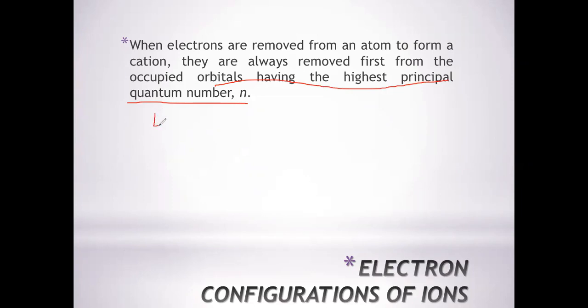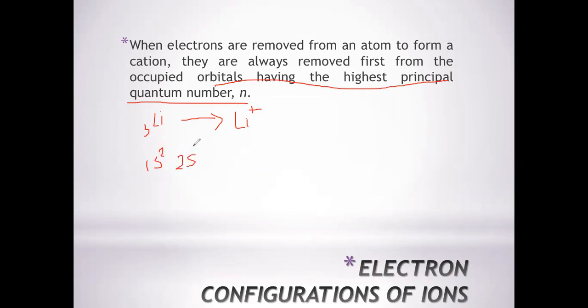So take lithium. What is the atomic number? That is 3. The formation of Li+ means you are going to remove one electron. Shall we write the electron configuration of lithium? 1s2, 2s1.